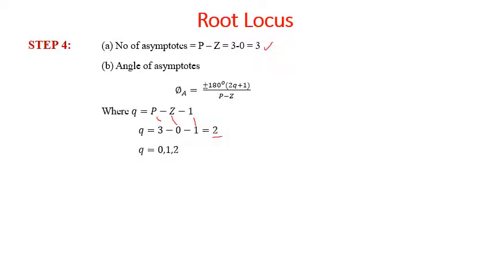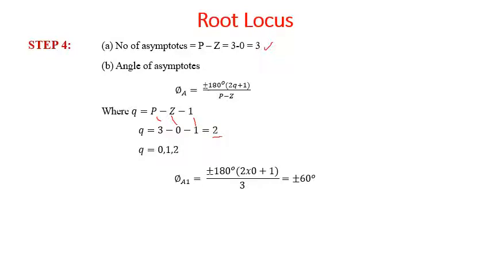First, substituting q equal to 0, we get phi a1 equal to plus or minus 180 degrees (2 times 0 plus 1) divided by 3, which gives plus 60 degrees.